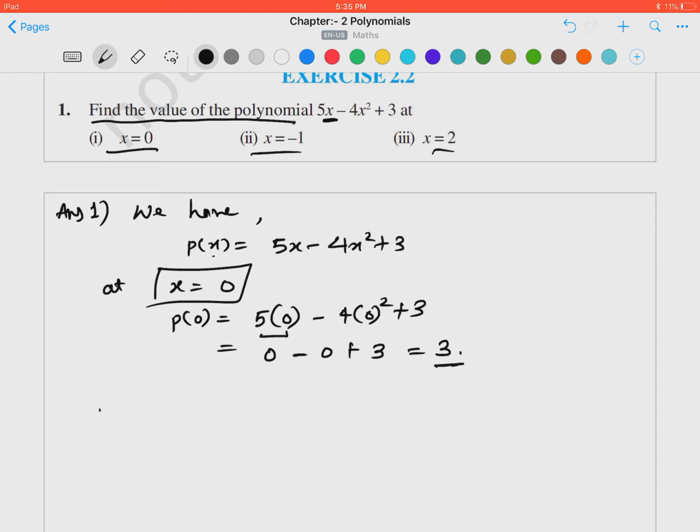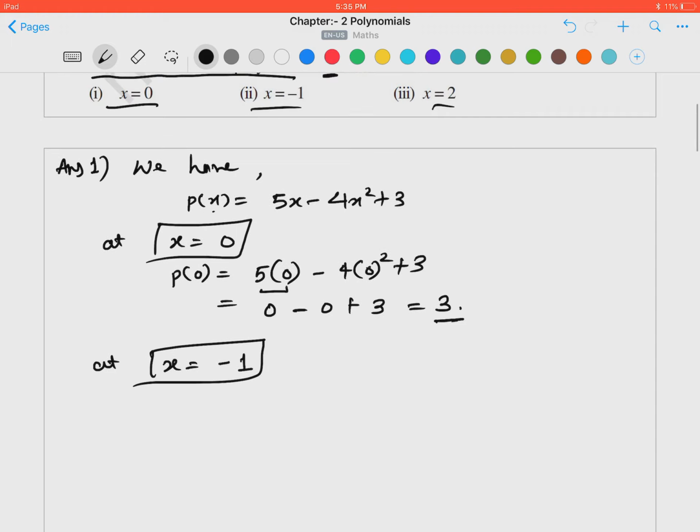Now we'll find it at x equals minus 1. Again we replace x by minus 1. So we have 5 times minus 1, minus 4 times minus 1 square, plus 3.